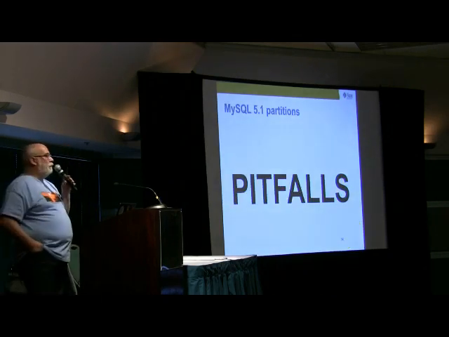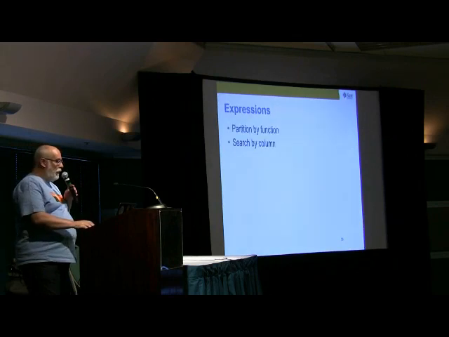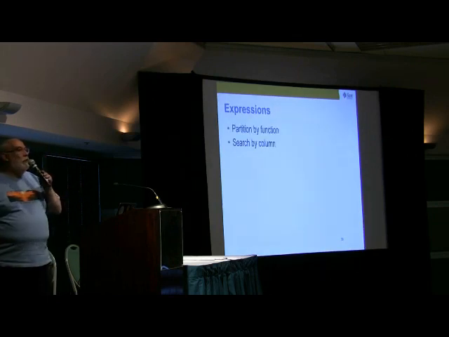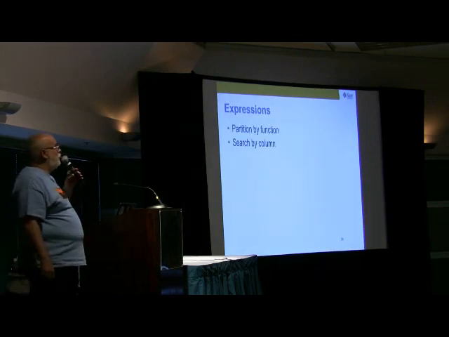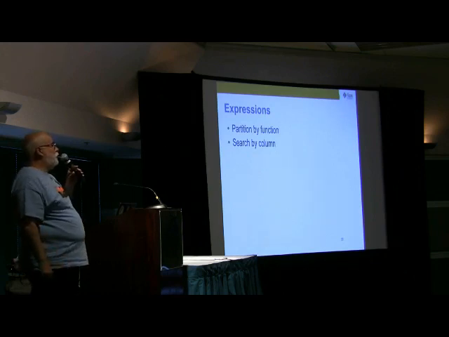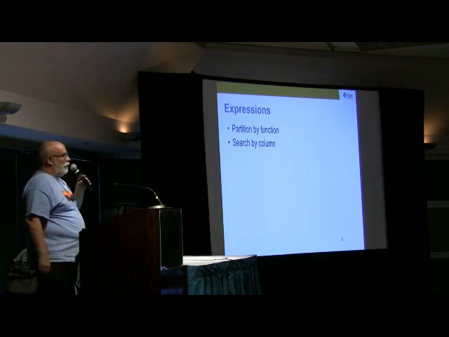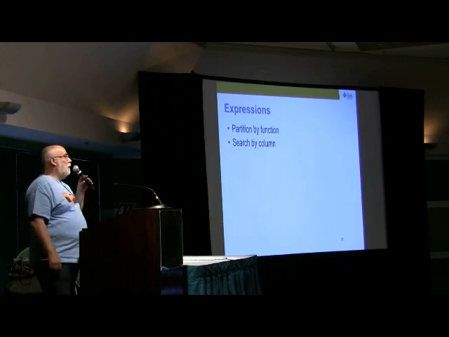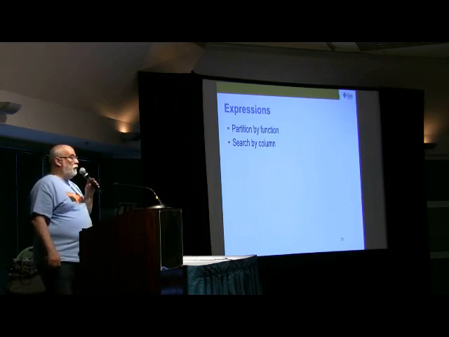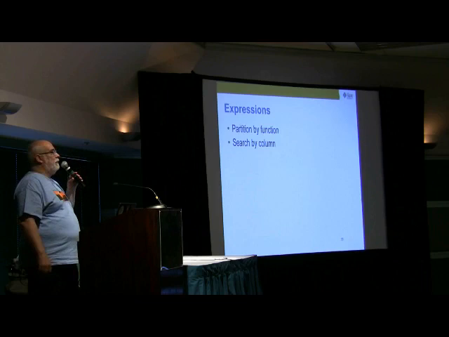Pitfalls, something that you have to remember when using partitions. Now, the most important thing, especially when you are partitioning by date, you partition by function, for instance, by year, name of the column, but you have to search by column, because if you search by function, you don't get the result you want. I mean, you get the records you want, but you get them slowly.